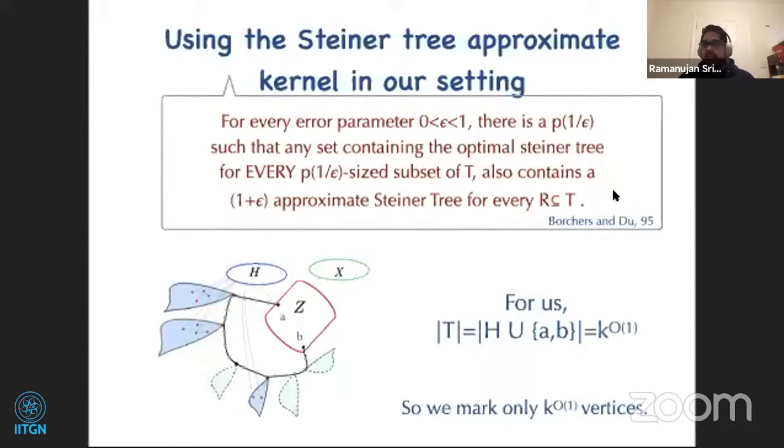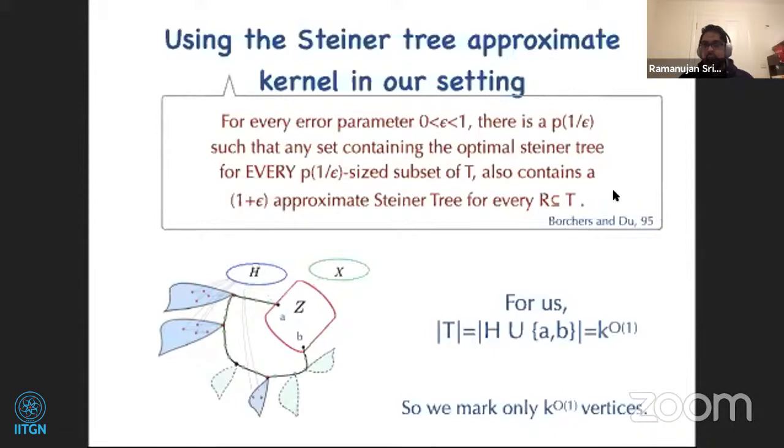Now, if you give me some error parameter, call it epsilon, what I can argue is that there is an optimal Steiner tree, such that if I go over all sets of size poly of 1 over epsilon of my terminals, so the terminal set is unboundedly large to begin with, but if I go over each small subset of terminals and store an optimal Steiner tree for these pieces, and then take the graph induced on all of these little Steiner trees, I can come up with a Steiner tree that is not too far from the optimum that I had in mind.